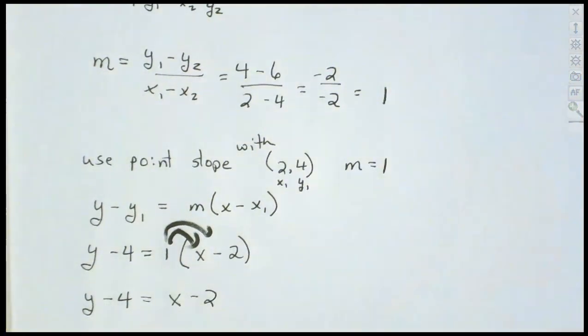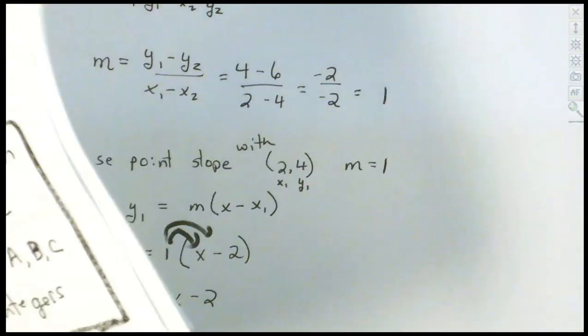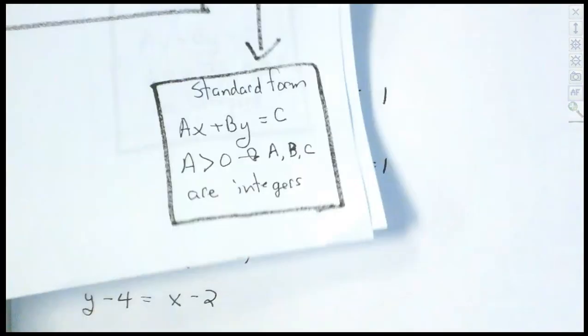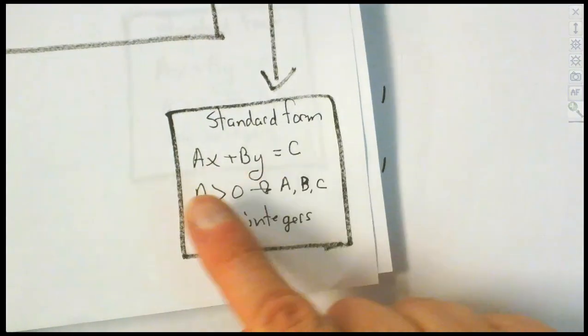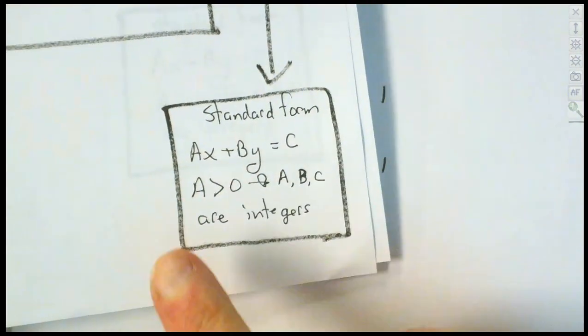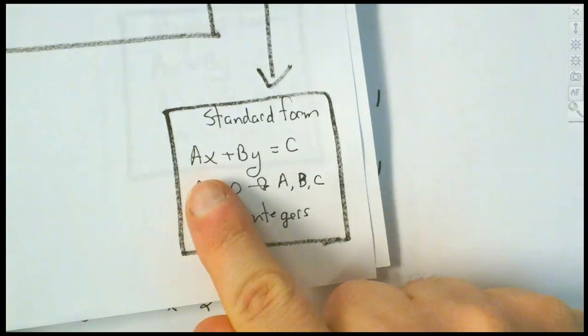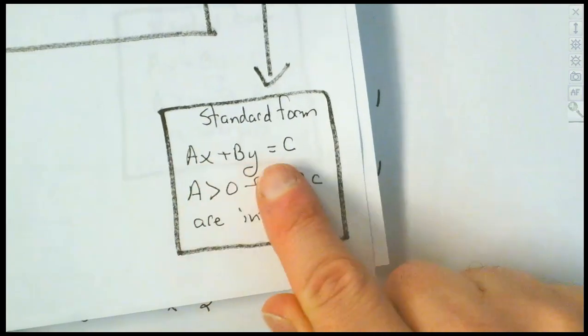Now, what form do we want? If we read the directions here, it specifically tells us that we want this in standard form for question 12. And what does standard form look like? If we go to the bottom here, standard form looks like this. All integers. X has to be positive, and x and y are on the same side.